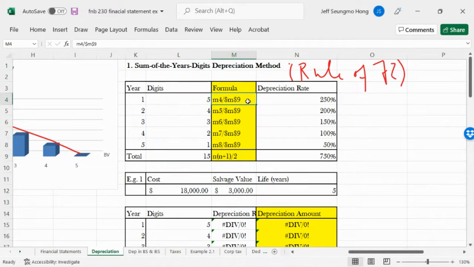So then what you do is you assign 5 over 15. It's actually not N5, L5. It should be here, because in here, it's in column L, right? So let me do this.